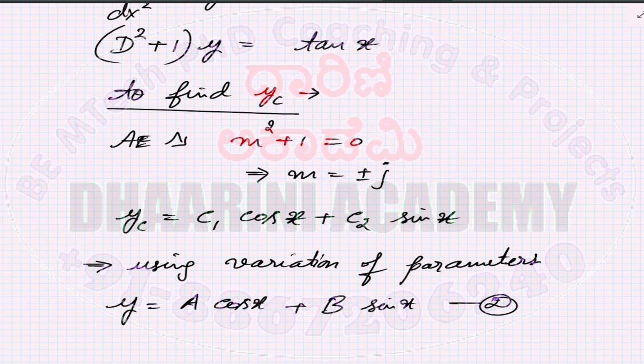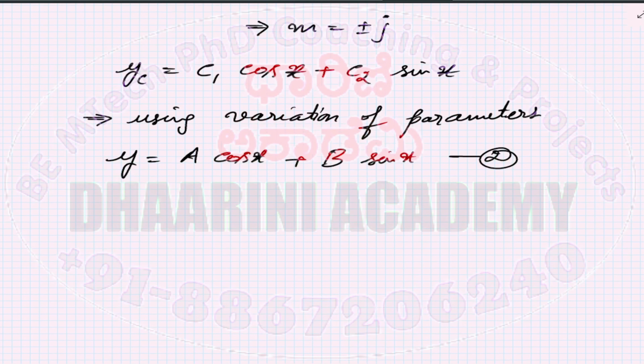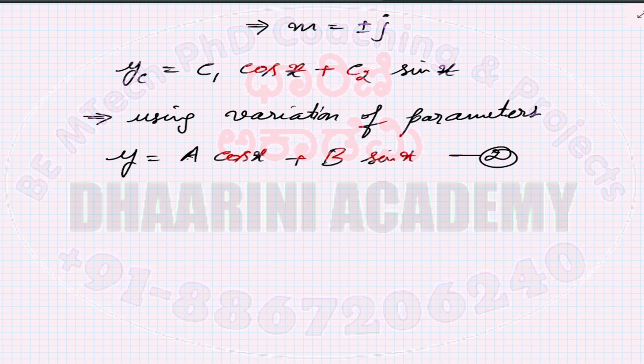Say this is equation number 2. Now, in order to find a and b, we need some other functions like y1. y1 is equal to whatever is next to a, that is cos x. And y2 is what is next to b, that is in this case sin x.